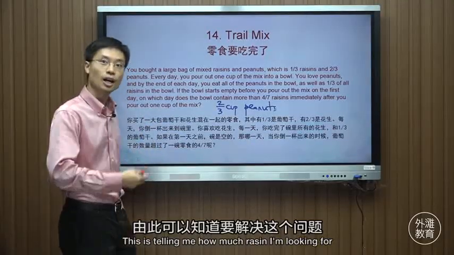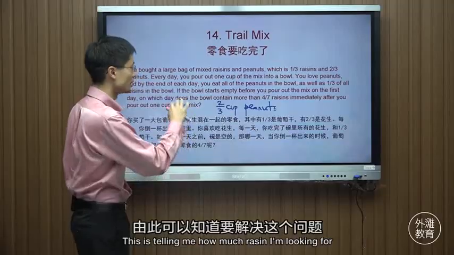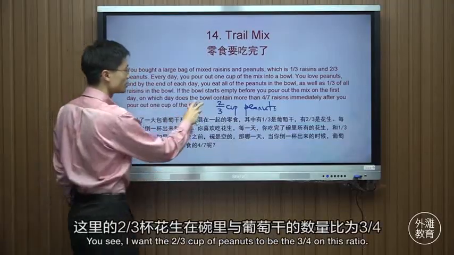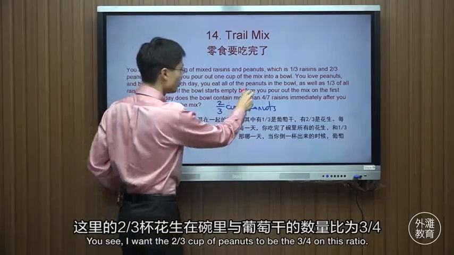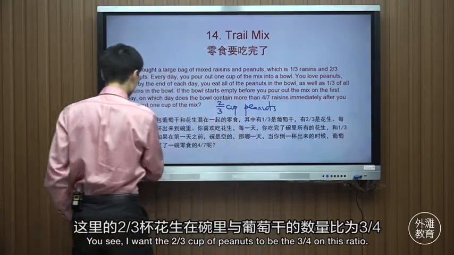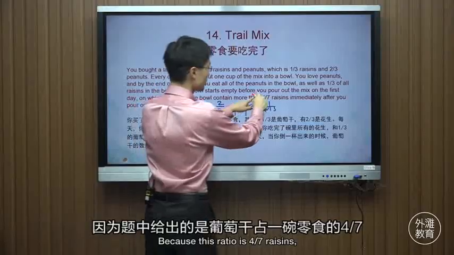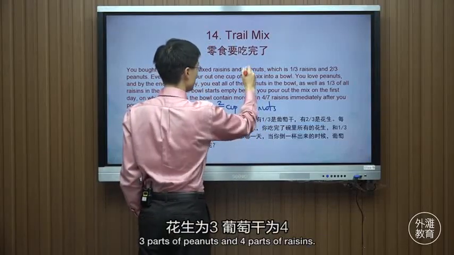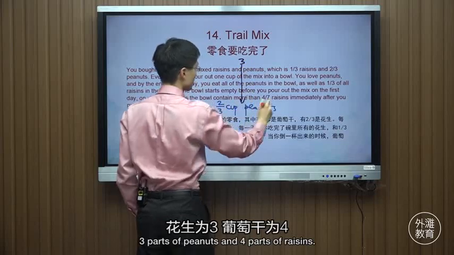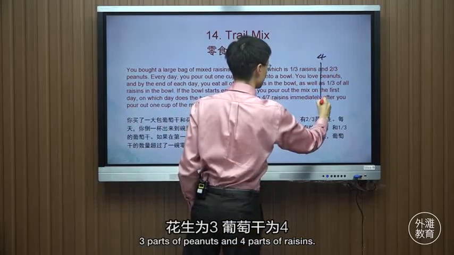This tells me how much raisin I'm looking for in order to finish the problem. I want the 2/3 cup of peanuts to be the 3 out of 4 in this ratio, because 4/7 raisins means there should be 3 parts of peanuts and 4 parts of raisins.